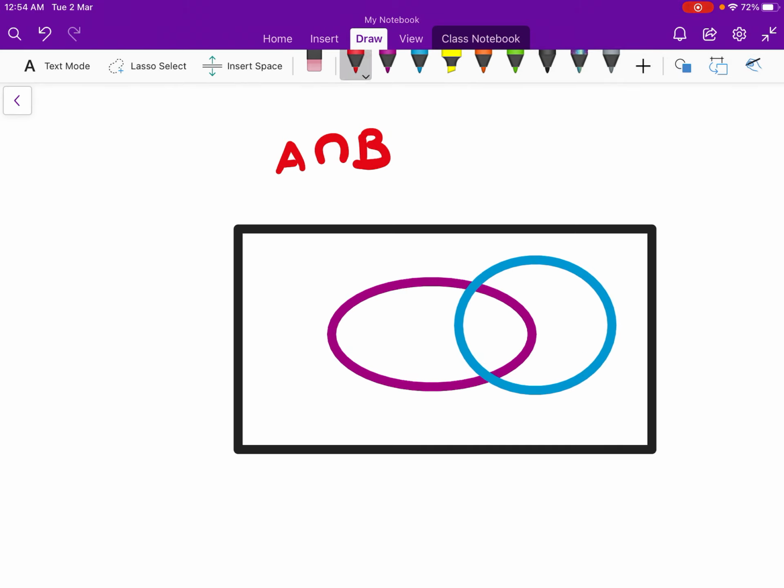For intersection, if I don't give you any numbers, how do I shade the diagram? For intersection, very simple. A and B here. Remember to label.